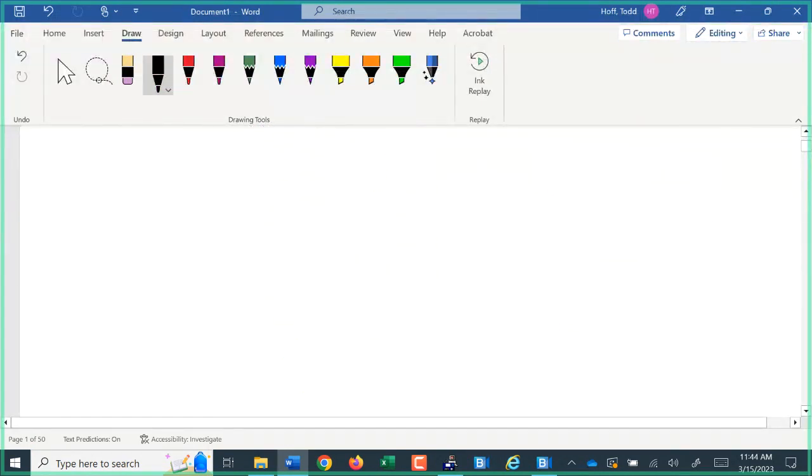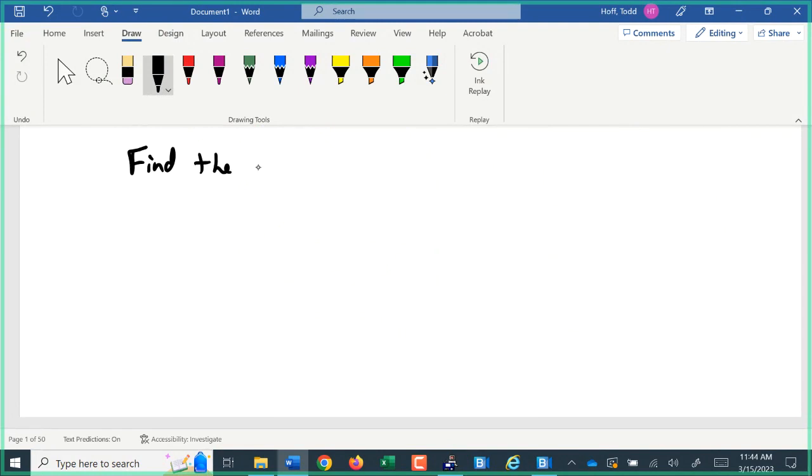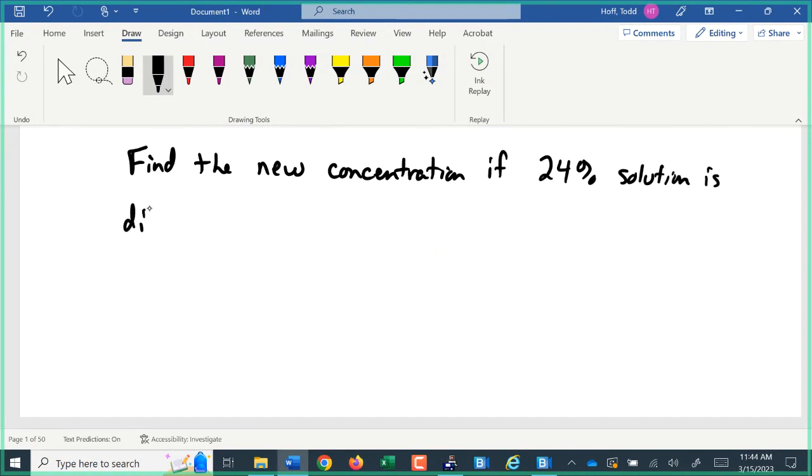We also looked at dilutions and how dilutions fit in. We might look at, find the new concentration if 24% solution is diluted 3 in 8.